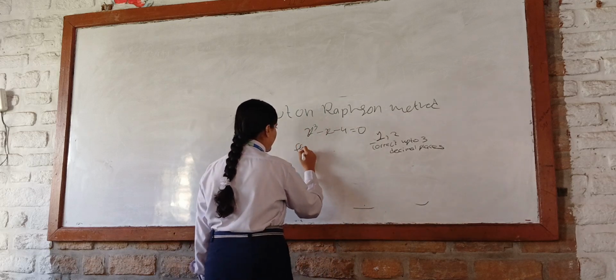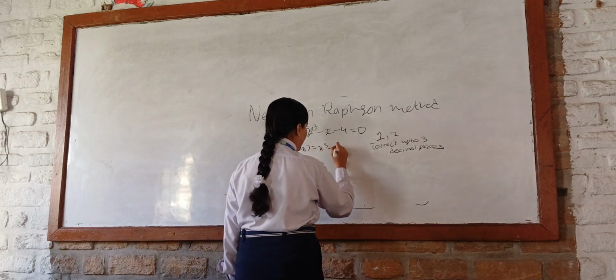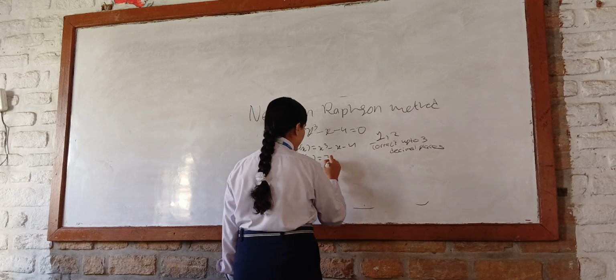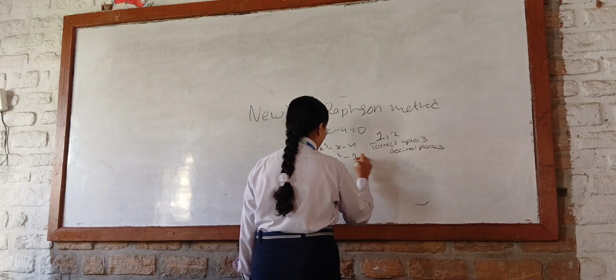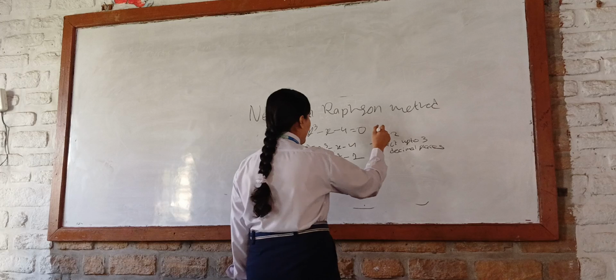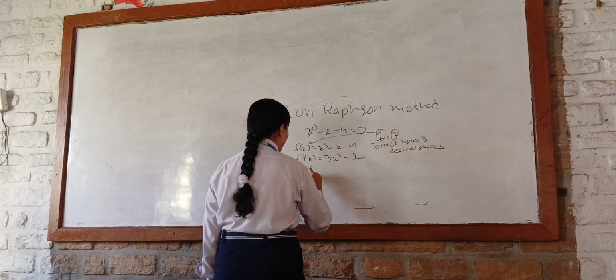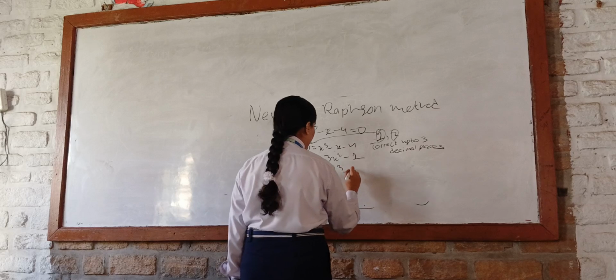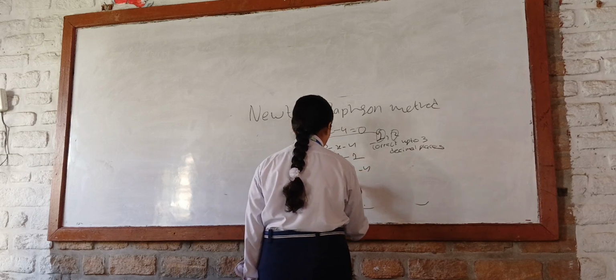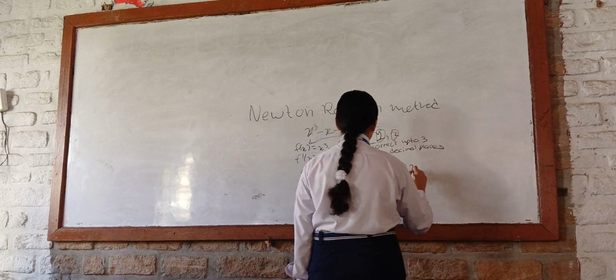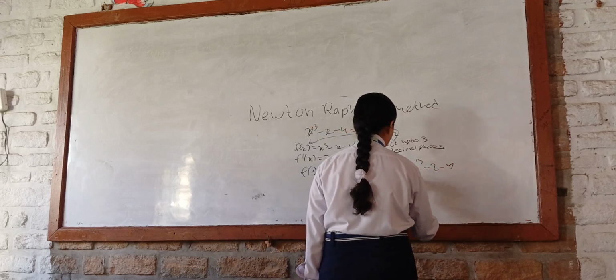So our function is x cubed minus x minus 4. The derivative of the function is 3x squared minus 1. So let's start by plugging 1 and 2 into this function. So f1 equals 1 cubed minus 1 minus 4, which is minus 4, and f2 equals 2 cubed minus 2 minus 4, which is 2.